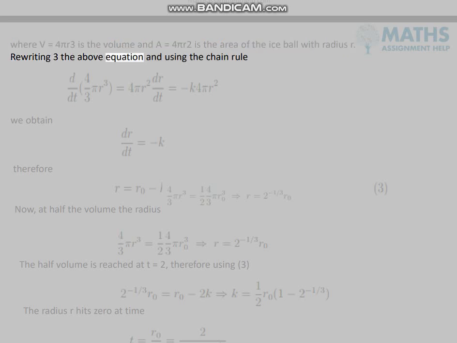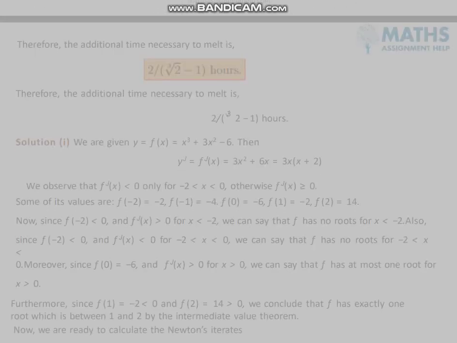Rewriting the above equation and using the chain rule, we obtain... Now, at half the volume the radius is given by... the half volume is reached at t equals 2, therefore using 3, the radius r hits 0 at time... Therefore, the additional time necessary to melt is 2 over the cube root of 2 minus 1 hours.